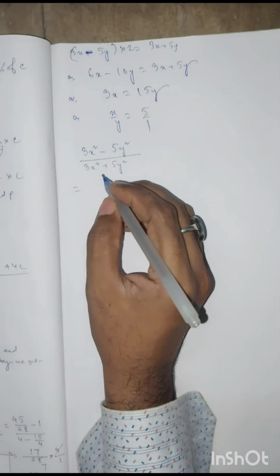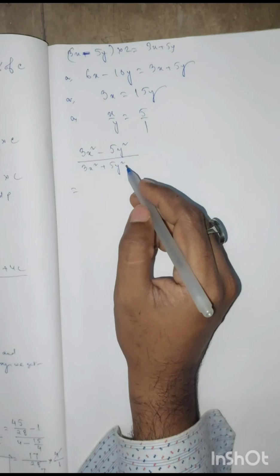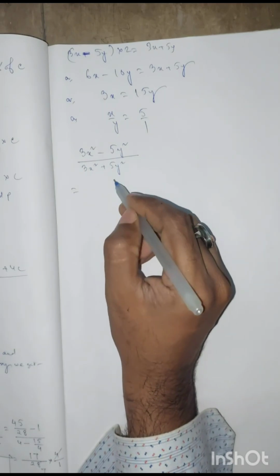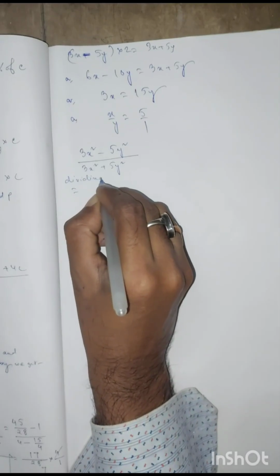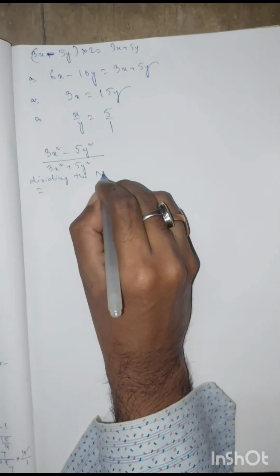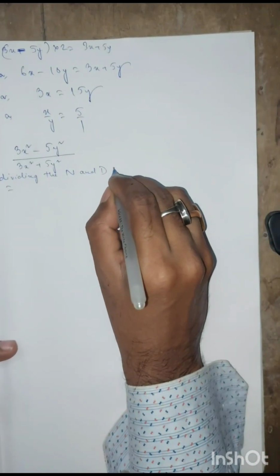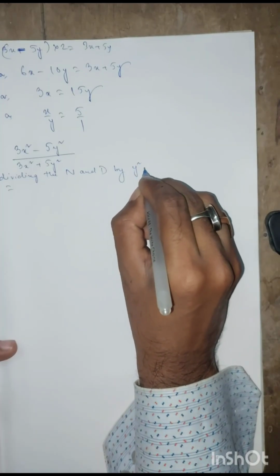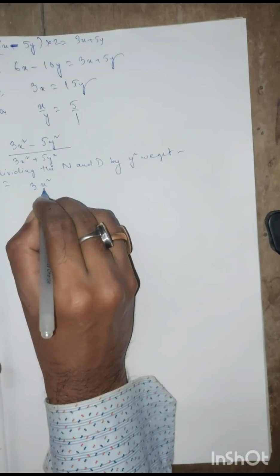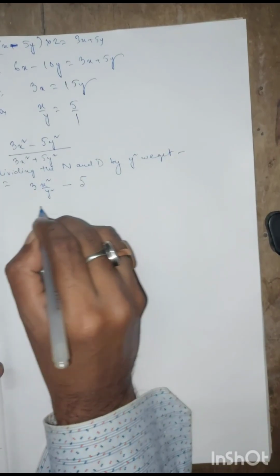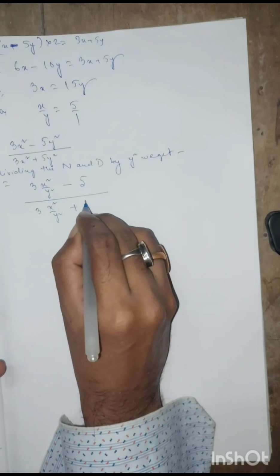How we can do that? If we divide the numerator and the denominator of the equation by y square, we get 3x square by y square minus 5 by 3x square by y square plus 5.